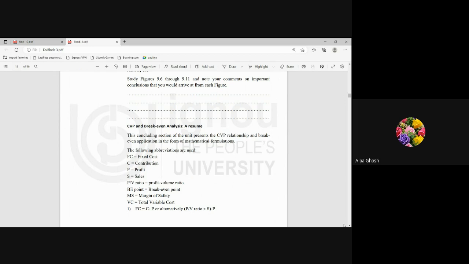FC is your fixed cost. C is contribution. P is profit. S is sales. PV ratio is profit volume ratio. B is break-even point. MS is margin of safety. And VC is variable cost. Just go through these abbreviations, and then we will start with the formula.